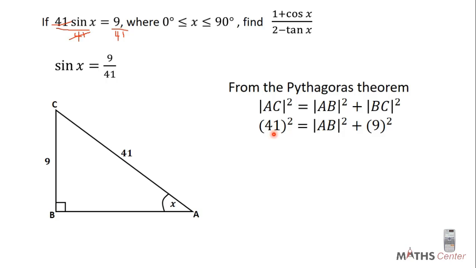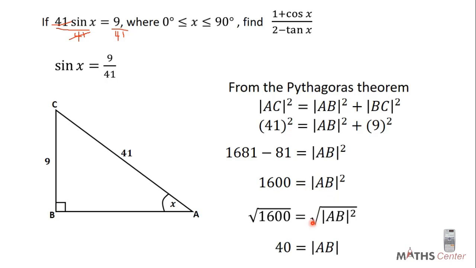AC is 41, so 41 squared is equal to AB squared plus BC is 9, so 9 squared. This will give us 1681 minus 81, which is equal to AB squared. We have 1600 is equal to AB squared. So we take the square root of both sides, and AB is equal to 40.